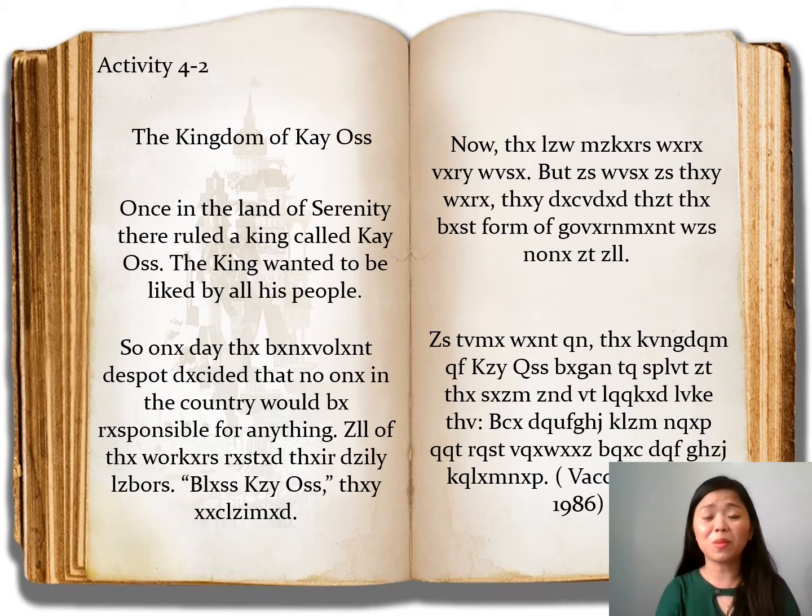Now, the lawmakers were very wise, but as wise as they were, they decided that the best form of government was none at all. As time went on, the kingdom of chaos began to split, and at the same time, and it looked like that.